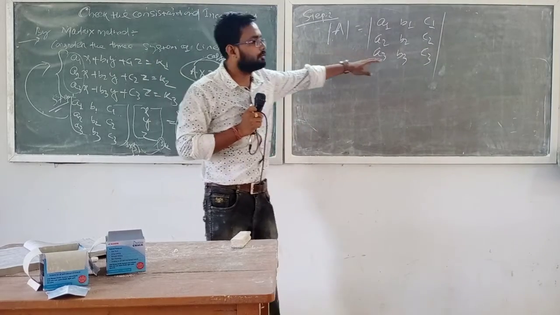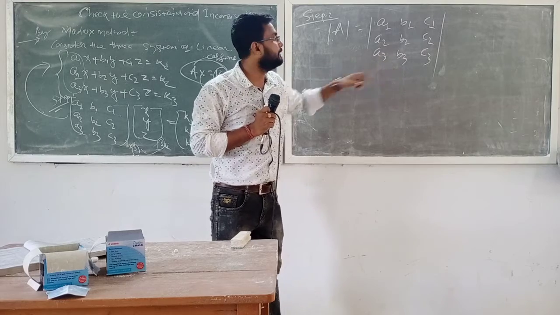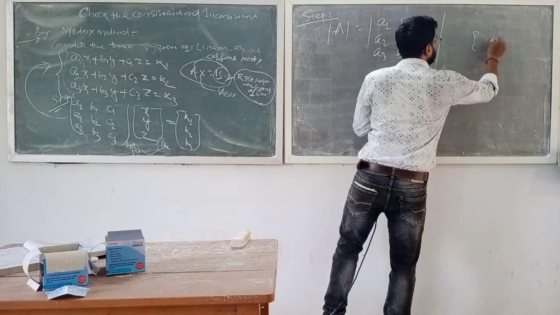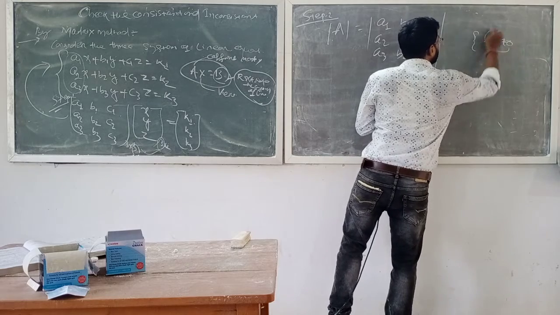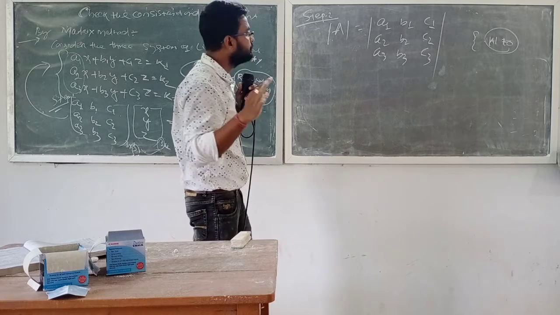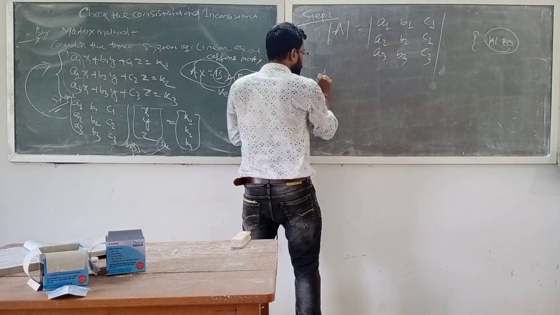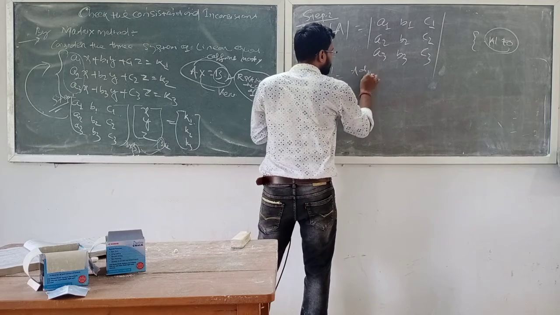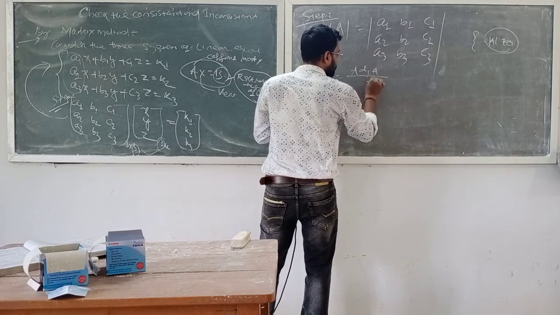Our condition must be determinant of A not equal to 0, a non-singular matrix is required. If determinant of A is not equal to 0, then A inverse will exist, adjoint A by determinant of A.